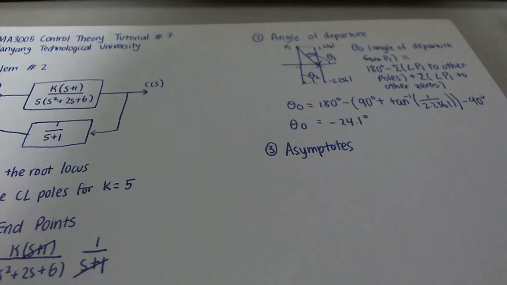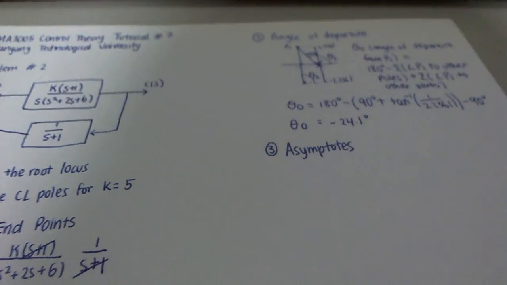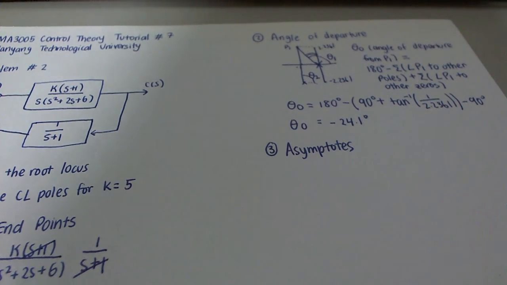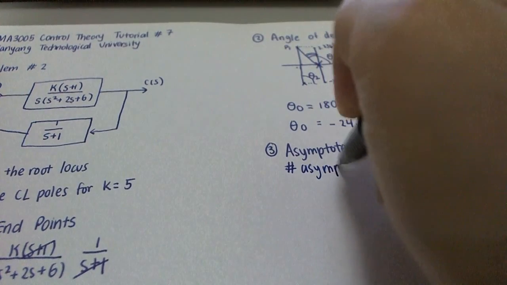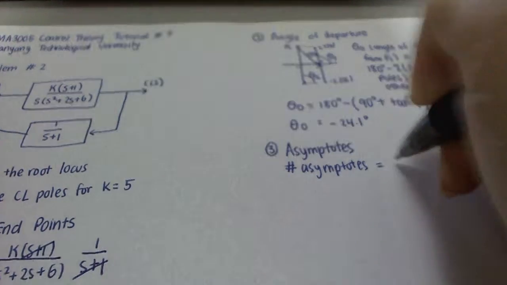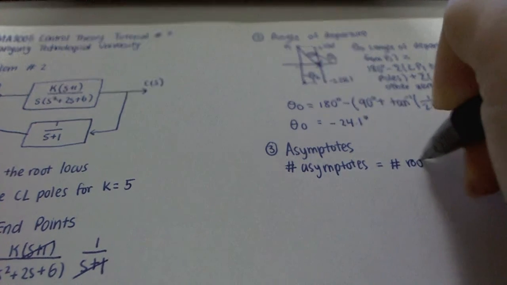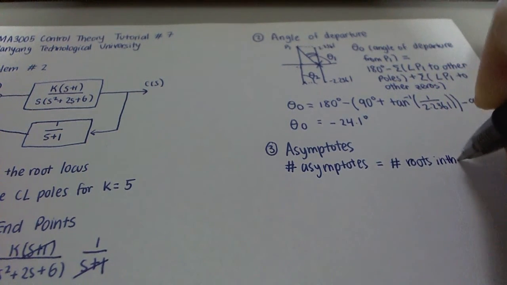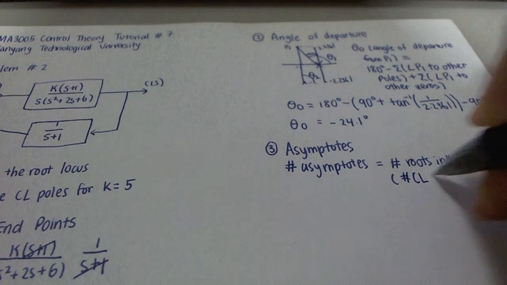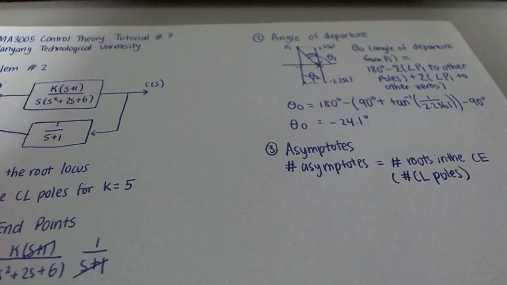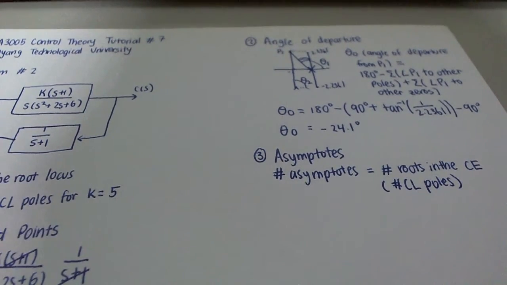You need to know the differences between an open loop transfer function and a closed loop transfer function, and a characteristic equation is always associated with the closed loop transfer function. So the number of asymptotes is equal to the number of roots in the characteristic equation, or the number of closed loop poles.